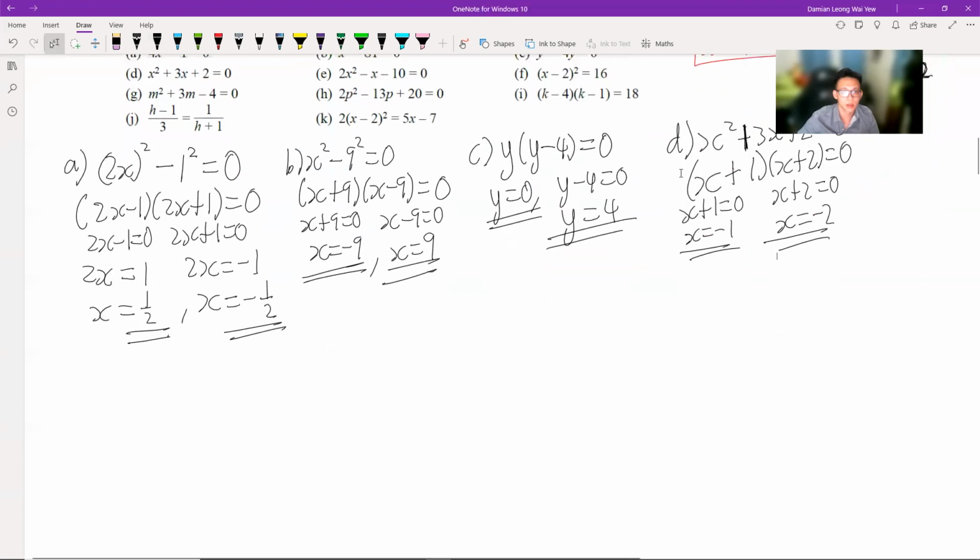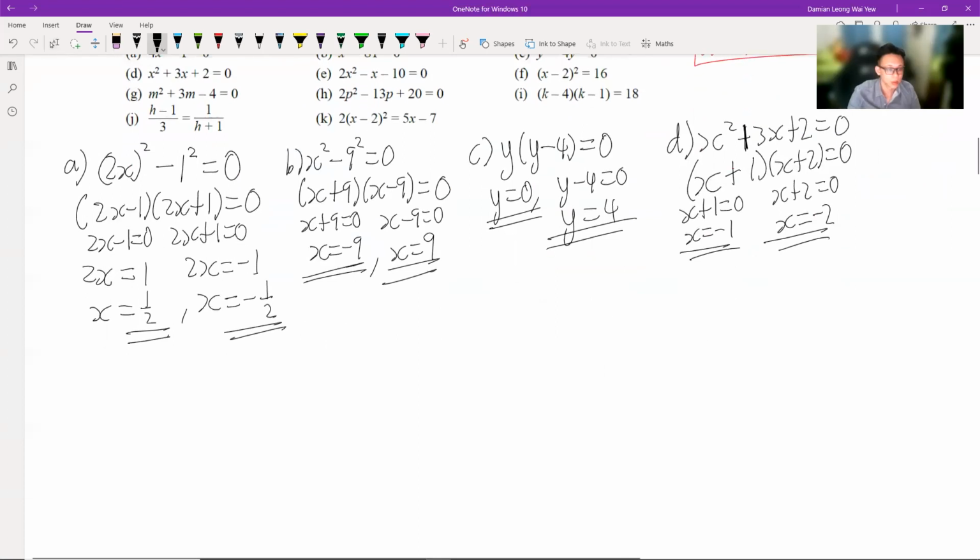Then part E. 2x squared minus x minus 10 equals 0. Okay, so instead of x squared, I have 2 in front now.